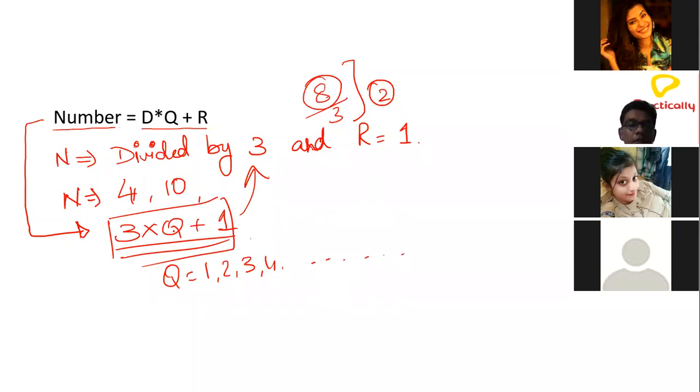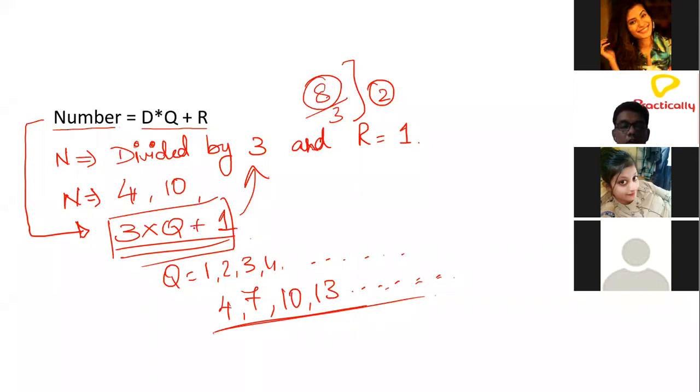If I place Q as 1: 3 into 1 is 3, plus 1 is 4. 2 here: 3 2s are 6 plus 1, 7. 3 here: 3 3s are 9 plus 1, 10. 4 here: 3 4s are 12 plus 1, 13. So like this, if I keep placing values, I will get all the numbers which fall under the category of 3 into Q plus 1. That's why this format becomes utmost important.